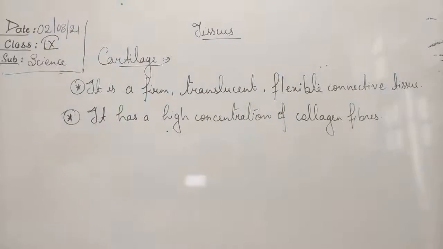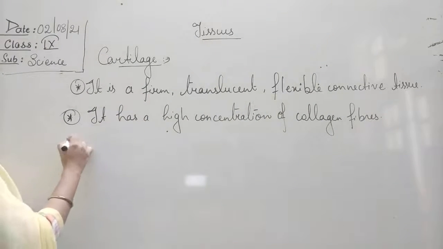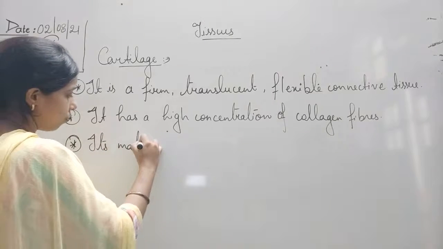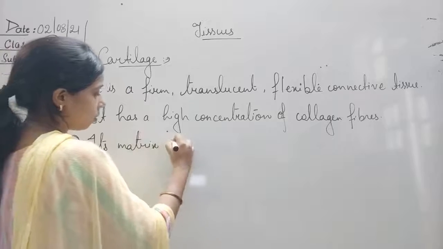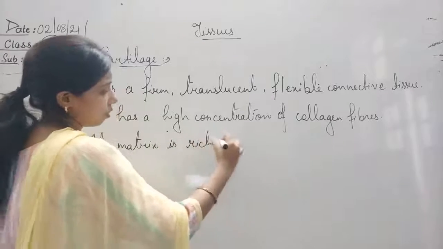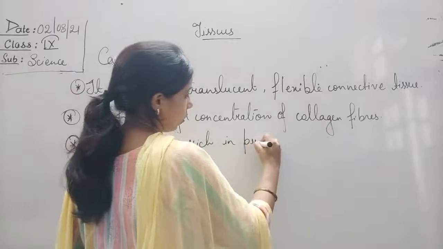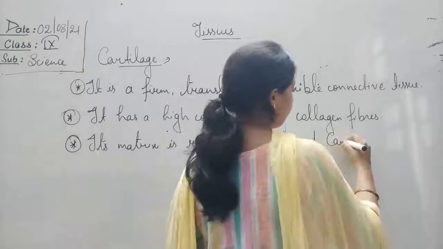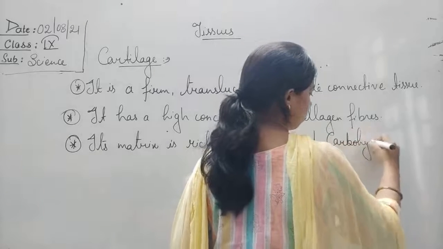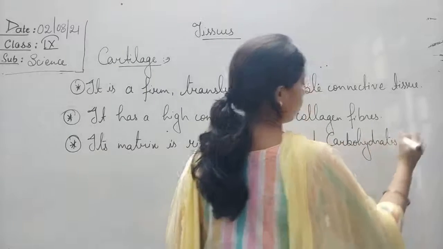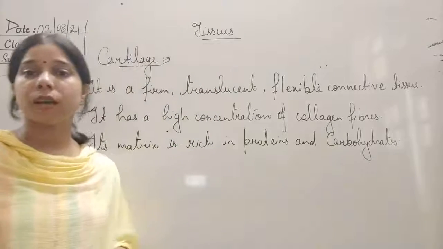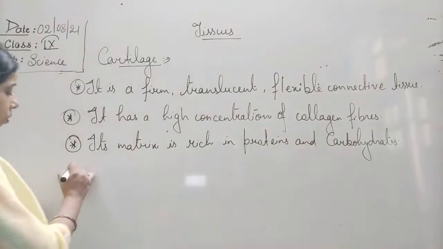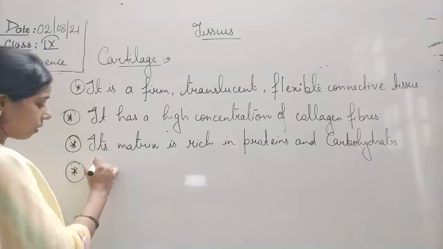And its matrix is rich in proteins and carbohydrates. It is rich in protein as well as in carbohydrate. The cells of the cartilage are also called chondroblasts.